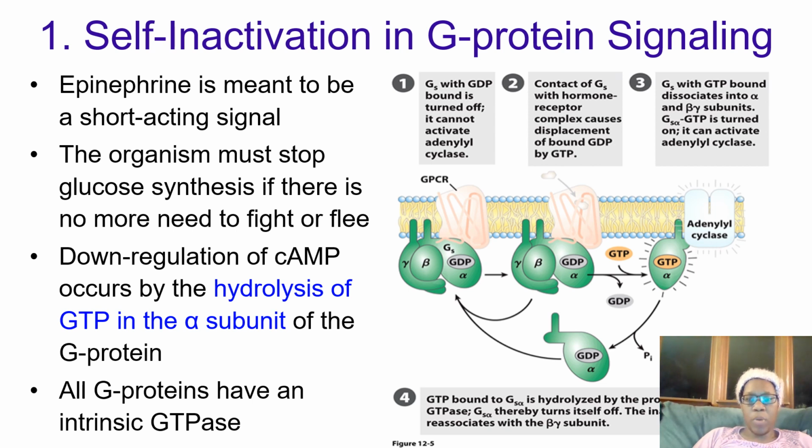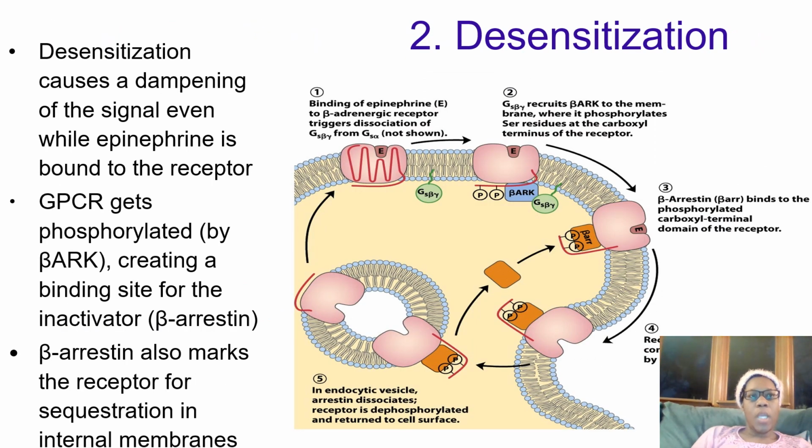So the G protein eventually loses the GTP by dephosphorylating it to GDP, and then it can go back and find the beta and the gamma subunits and associate to the receptor in its inactive form. Another feature of signal transduction is desensitization.